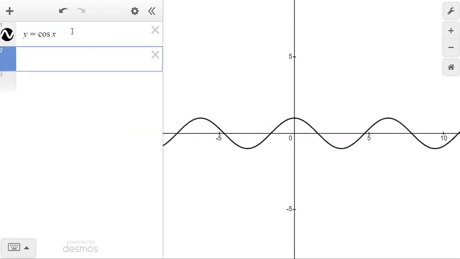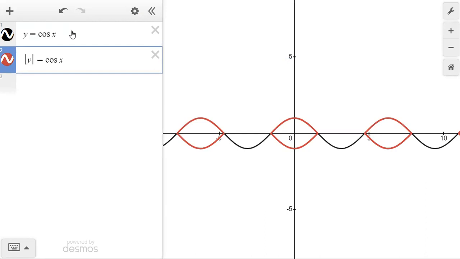This is the graph of y equal to cos x. Now you see mod y. You are taking mod y equal to cos x. See the changes. You are just taking the mirror image of the positive part. That's all.